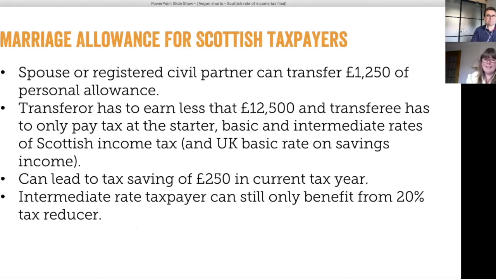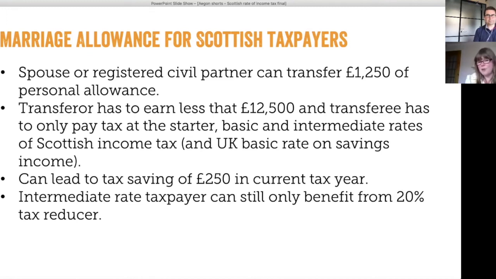So as far as Scotland is concerned, if it's Scottish taxpayers, then the transferor has to earn less than 12,500, so they have to earn less than the personal allowance. And the transferee can only have income subject to tax at the starter, basic and intermediate rates, so effectively at 19, 20 and 21% of Scottish income tax.